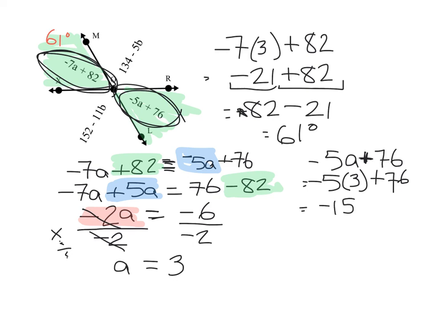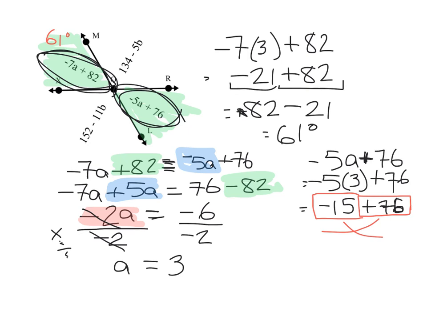So we have negative 15 plus 76. Remember, we're in standard form. I keep telling you, these are like Scrabble tiles, right? If I want to move this guy, I just have to take the sign with him. That guy, I have to take the sign with him. And I'm going to just move that and move that.